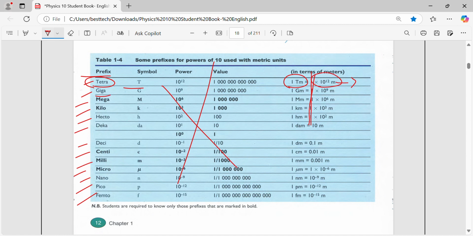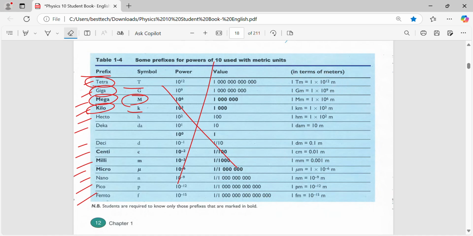The second one, giga, capital G. 1 gigameter equals 10 power 9 meter. The third one, mega, capital M. 1 megameter equals 10 power 6 meter. Kilo, capital K. 1 kilometer equals 10 power 3 meter.